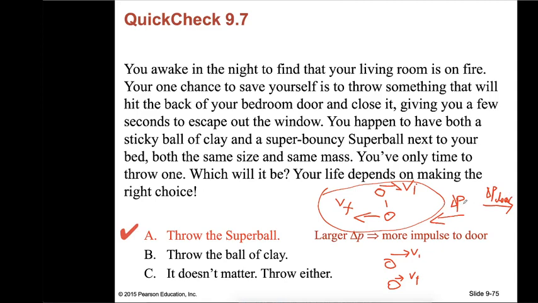So a bigger change of your ball results in a bigger change in the door, because the total momentum is the same. If the change of the momentum of your ball is very small, then the change of the momentum of the door is also very small.